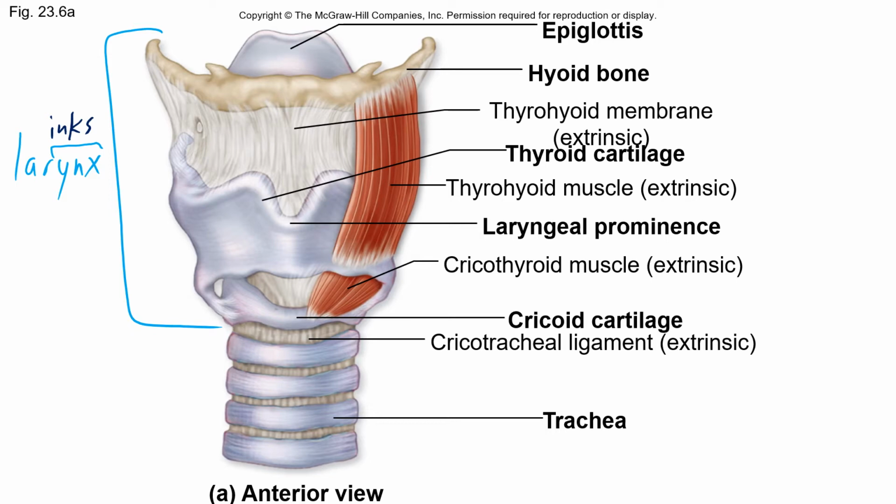The larynx is famous for a couple of things. It's got some of the only named cartilages in the body. It's got the only bone, the hyoid bone, the only major bone outside the skeleton, unless you count the 3 middle ear bones on each side.